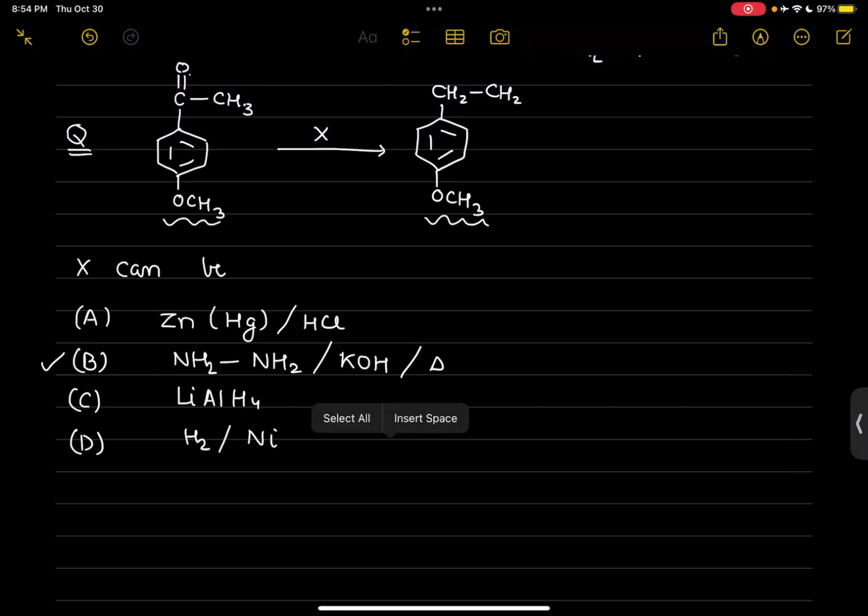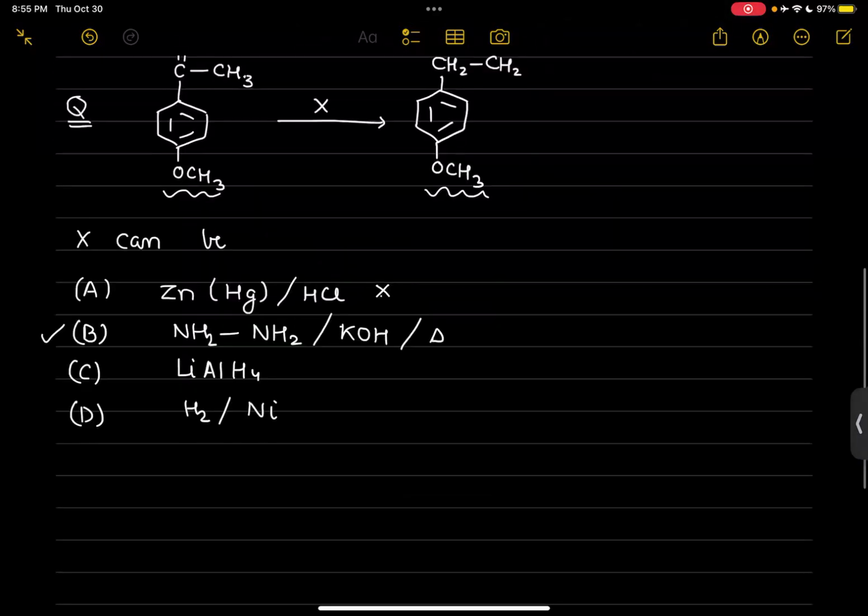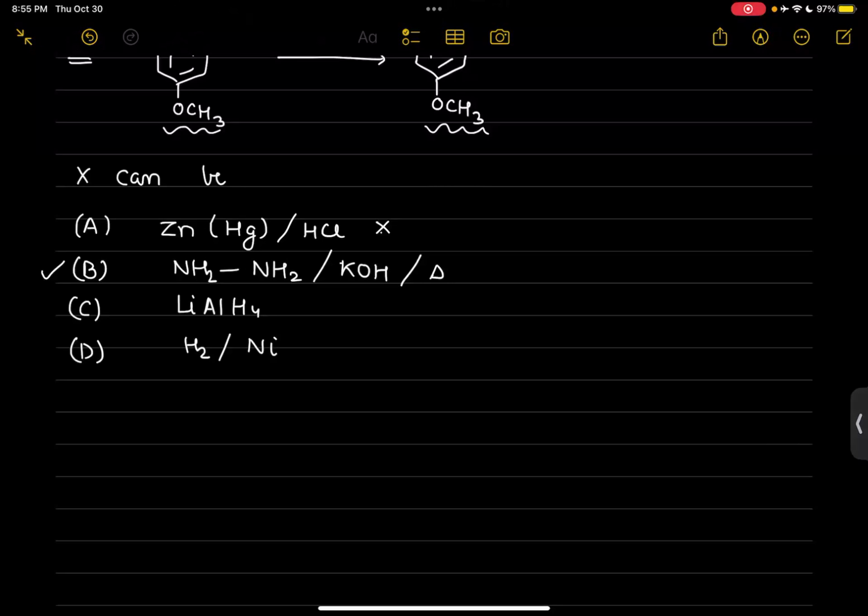Reduction we are doing for the ketone, but that ether should not get disturbed. Got it? And if you take acidic medium, the ether may break as CH3Cl. So we should not use Clemmensen. We can use Wolff-Kishner. LiAlH4 and H2/Ni will not give you alkane, they will give you alcohol. So C and D are not appropriate.